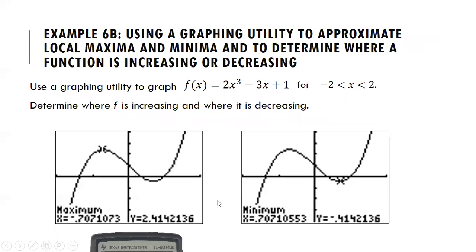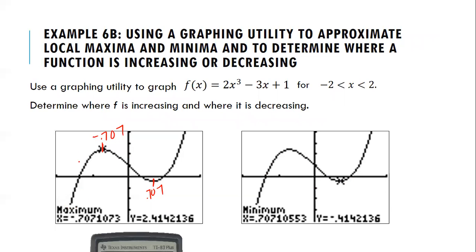All right. Now, once you've identified your local max and your min, you can tell me where it's increasing and decreasing. Does that make sense? Because I now know that my max happens here at negative 0.707. I know that my min happens here at positive 0.707. So when I'm looking for intervals of increase and intervals of decrease, I can say where it's happening, right?